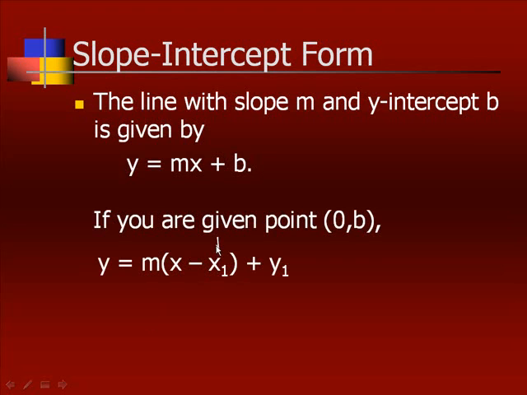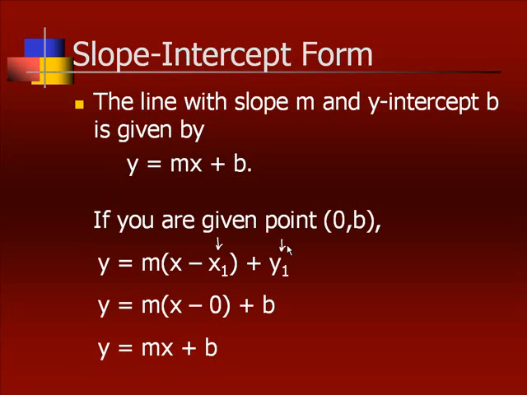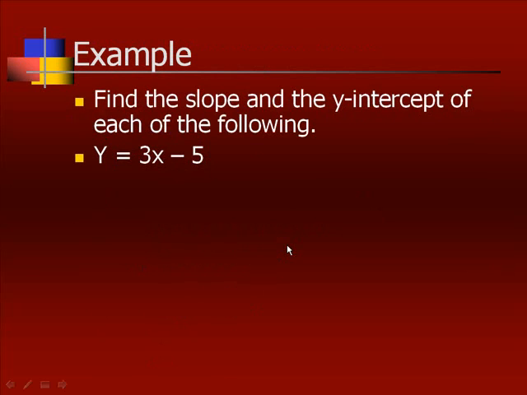You don't know a slope, but your point becomes (0, b), which simplifies to give us y equals mx plus b. Okay, that's another equation that you need to add to your list that you're going to have to know for the test.